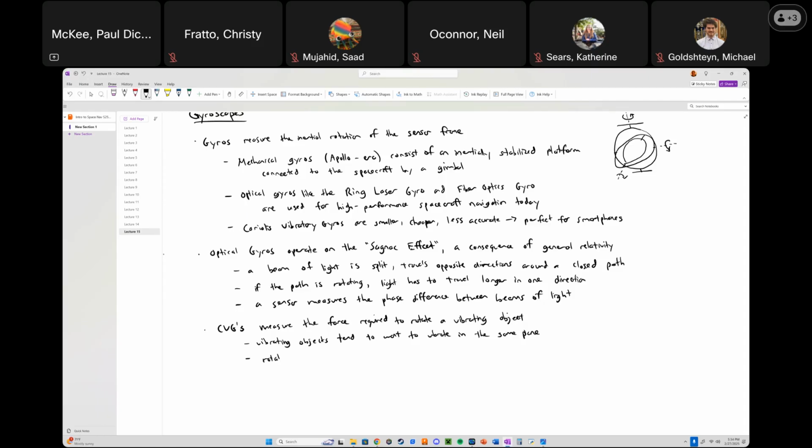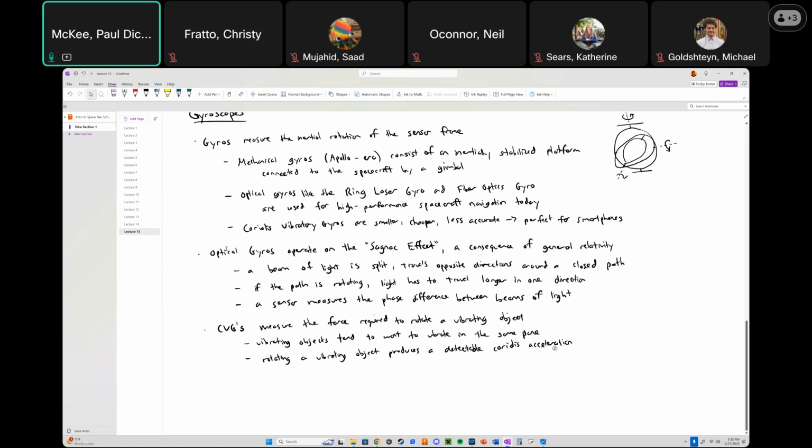Rotating a vibrating object produces a detectable Coriolis acceleration. That's where the Coriolis part comes from. So you've got something that's vibrating. As you rotate it, there's a Coriolis acceleration. So you have a Coriolis vibratory gyro.